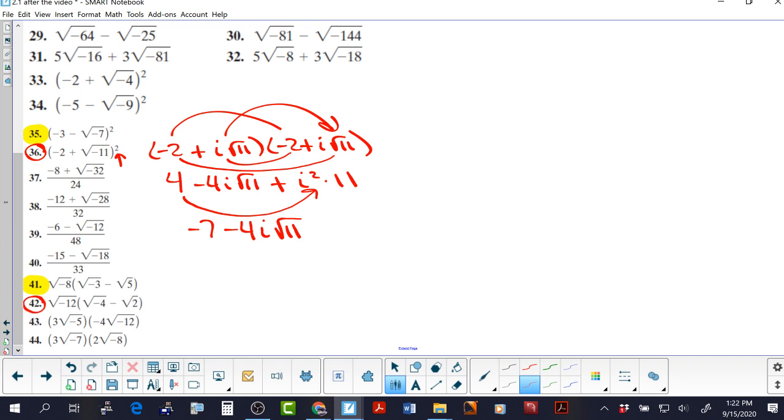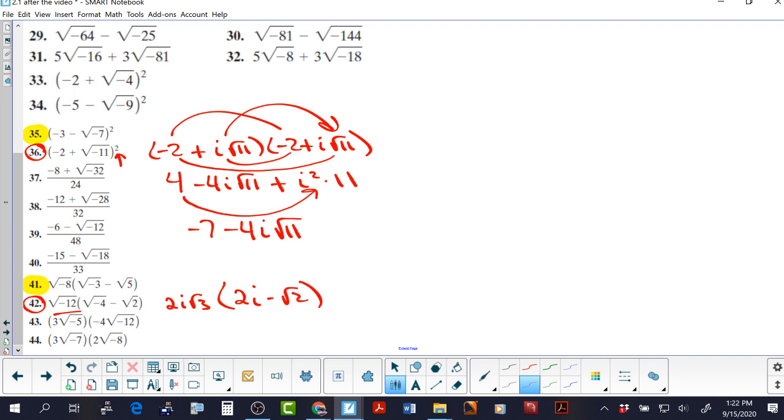How about a little distributive property? This we should write as 2i square root of 3, that's 12, because the perfect square in there is 4, times 2i, and then minus square root of 2.